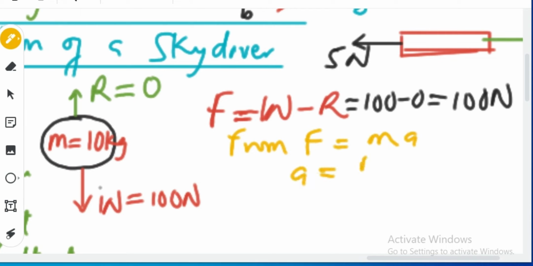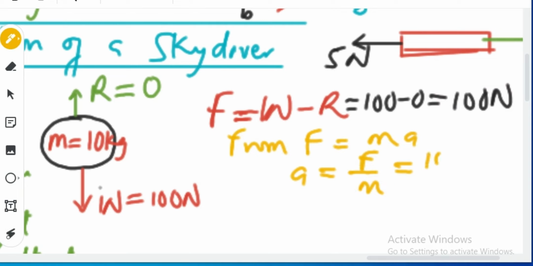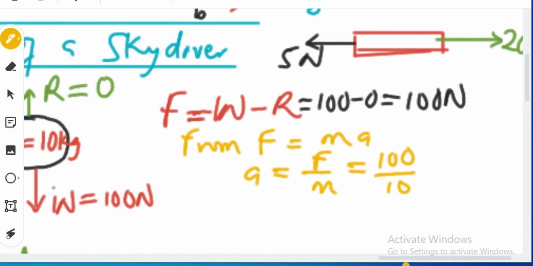A is equal to F over M, is it not? Substituting values, F is 100, and the mass is 10. 100 divided by 10 gives us approximately 10 meters per second squared.